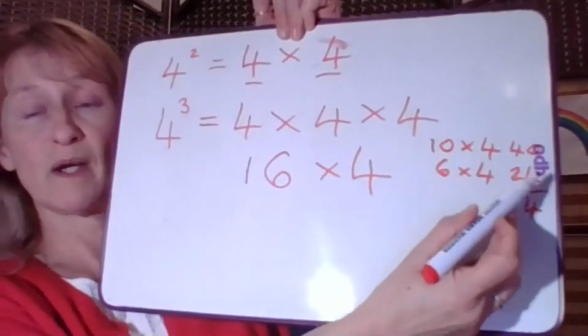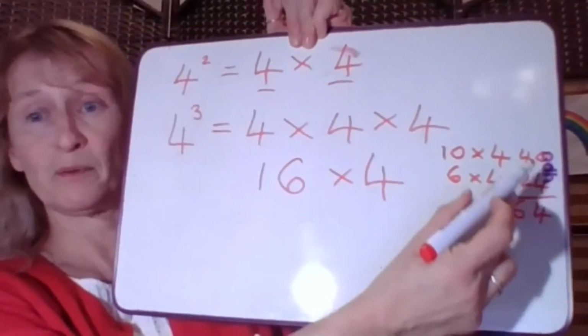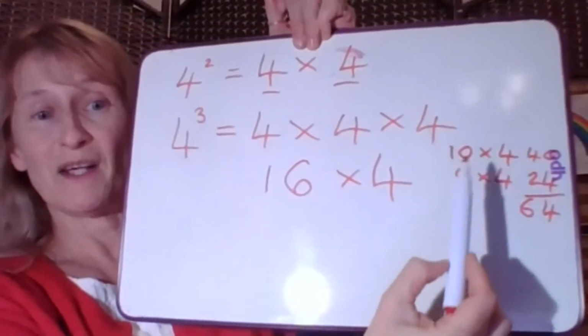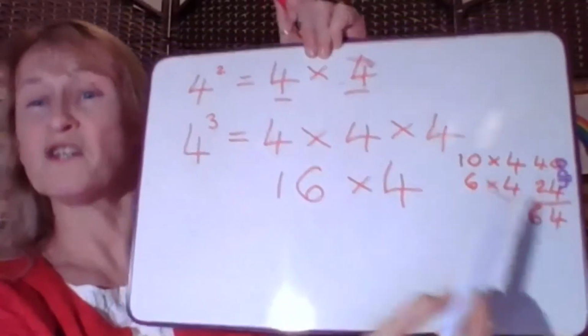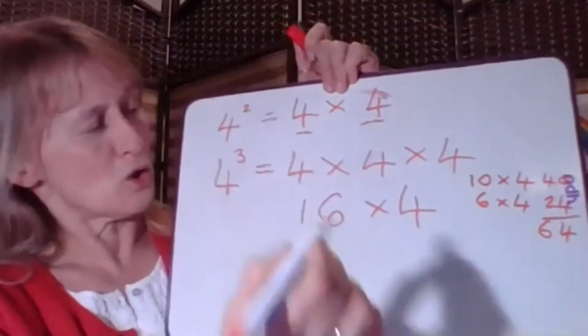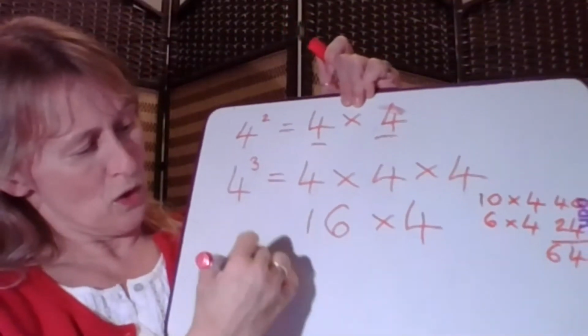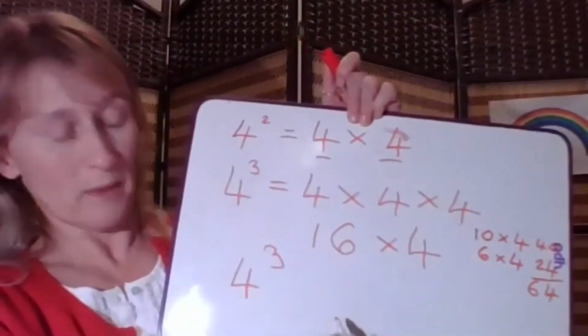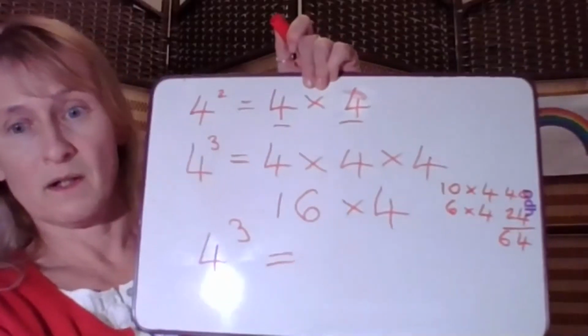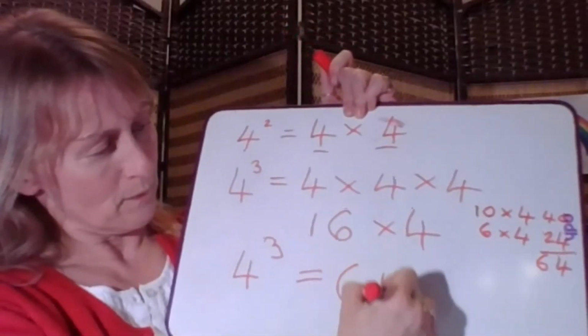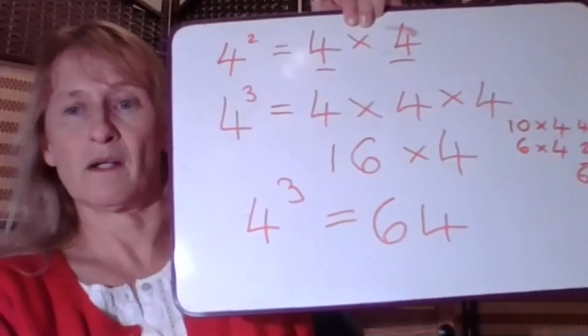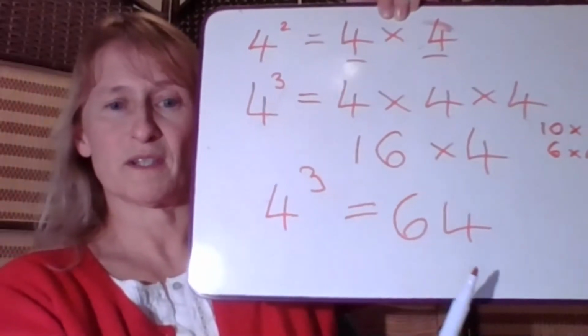And apart from the writing on the end there in purple, which is just one of those things, you know how to do that. You can do that in your head, I'm sure. Okay, so 16 times 4. So 4 cubed is 64. All right, so 4 cubed is 64.